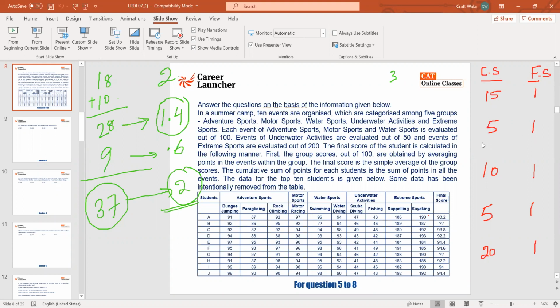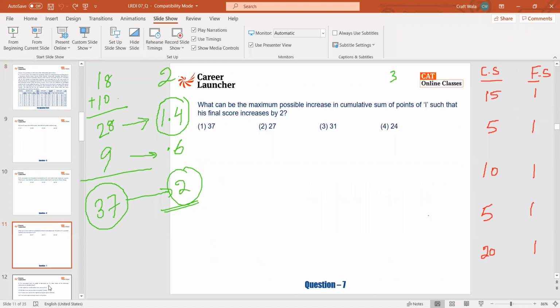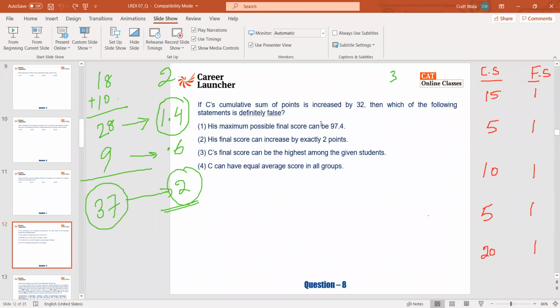That means if you give me 18 points, I can reach that level. And where will I give those 18 points? Obviously in this one, wherever 5 weightage is there. So that means you can go till 97.4. If you want, you can calculate like we did in the second last question that we solved and check.